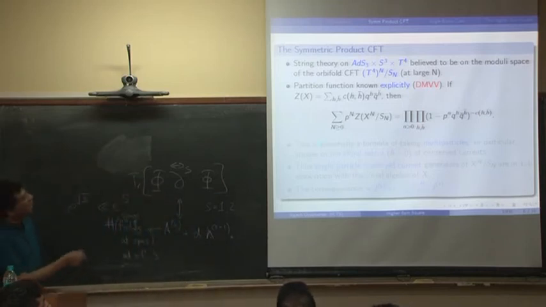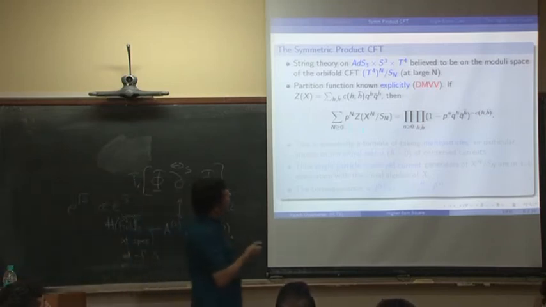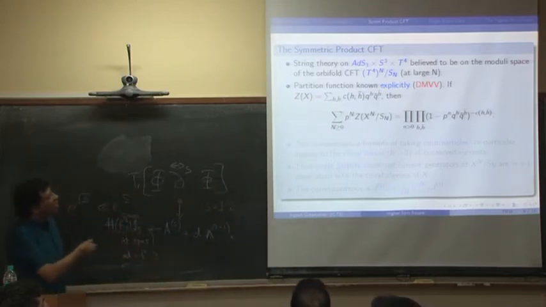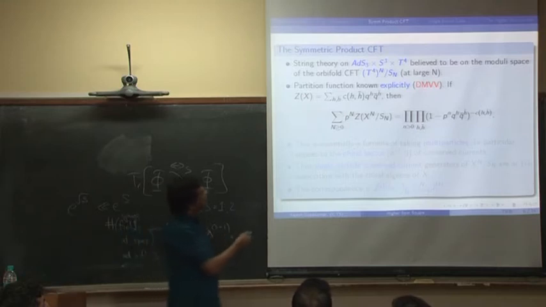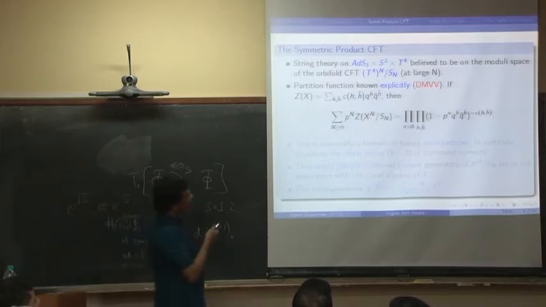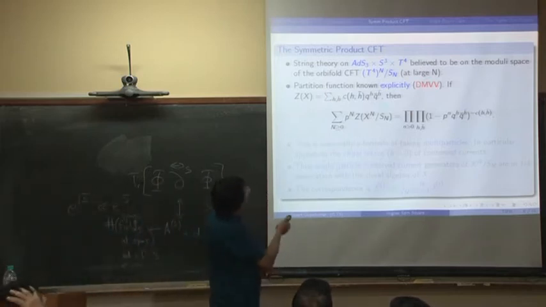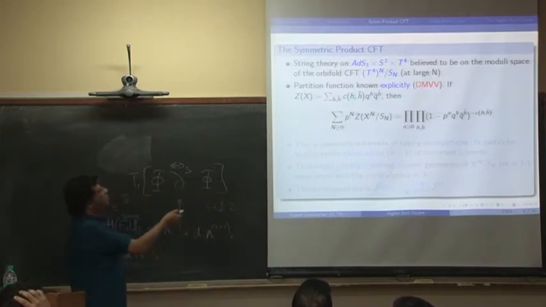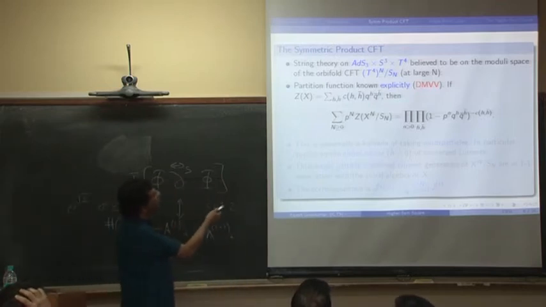But in any case, the partition function. So if you know the theory on T4, that determines explicitly the partition function of this much bigger CFT. So if you know the single particle, just the Q expansion of this original CFT, let's say X is T4.